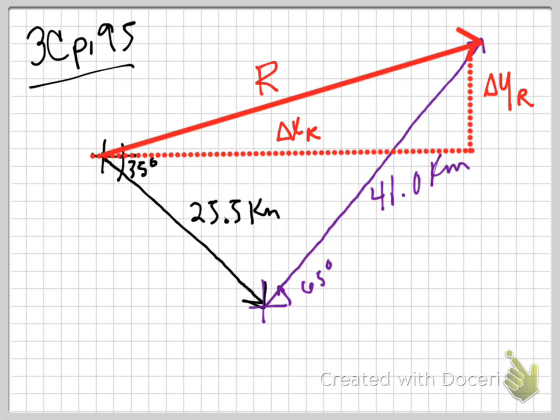So our goal is to get that resultant right triangle. Before we can do that, we have to figure out her x displacement and y displacement for the first leg, and her x and y displacement for the second leg. It's not as bad as it sounds. These problems are not complicated.